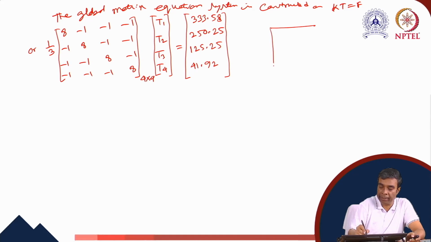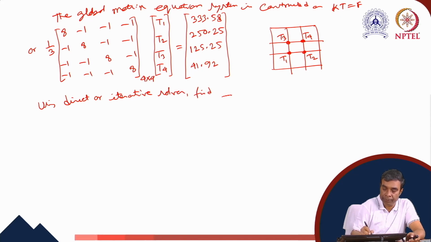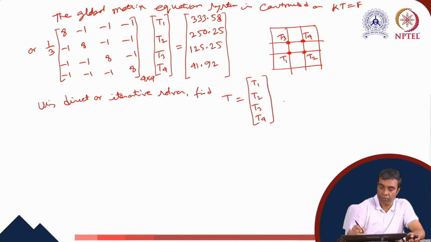We show the mesh here again. So this is T1, this is T2, this is T3, and this is T4. So using direct or iterative solver, find the unknown vector T1, T2, T3, and T4.